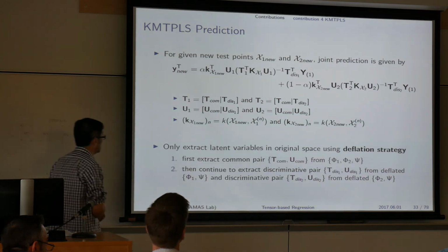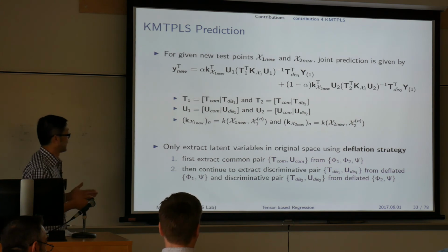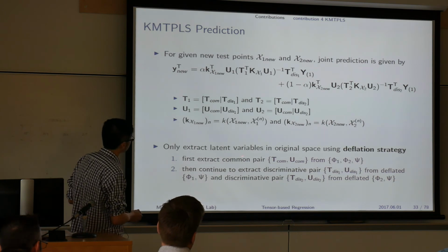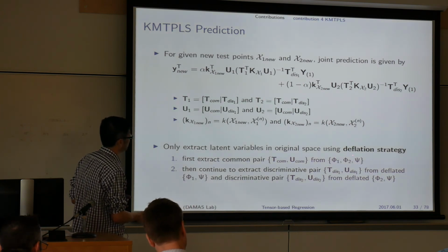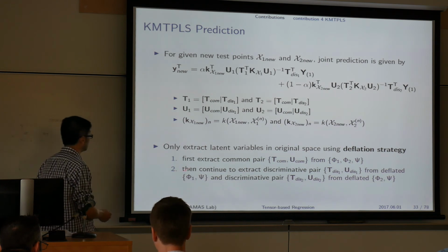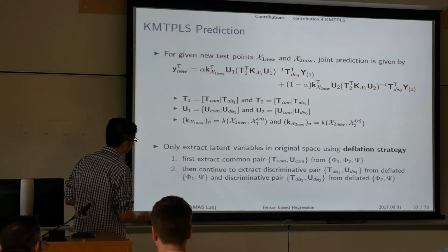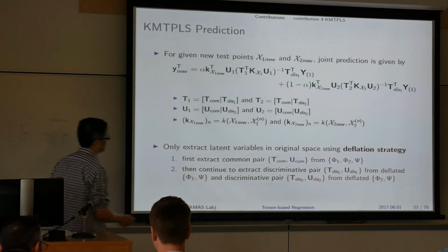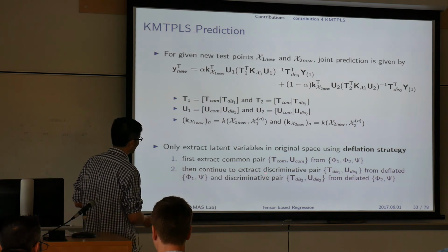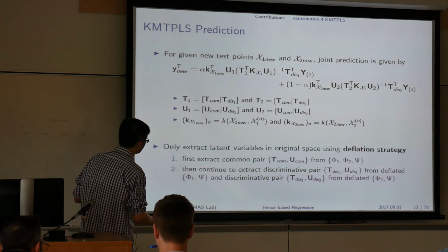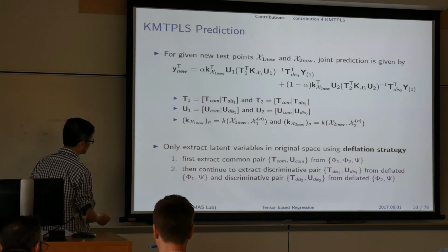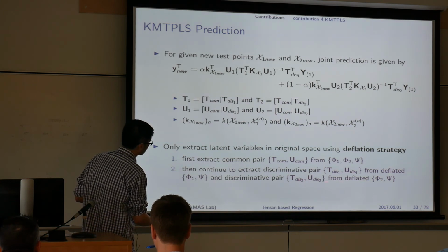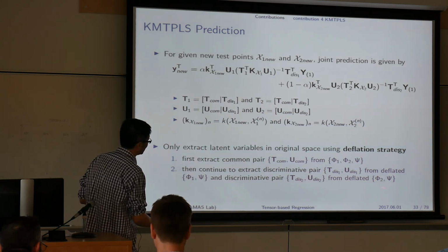So rather than explicitly estimating the high-dimensional loadings or cotensors, we just need to find a few latent variables in the original space by a deflation strategy like this, in 2 steps. The first step is to extract a common pair, T common, Q common, from all the blocks, and the second step is to continue to extract the discriminant pair from the deflated pair of phi1 and psi, and another pair, T discrete 2, U discrete 2, from the deflated pair of phi2 and psi.